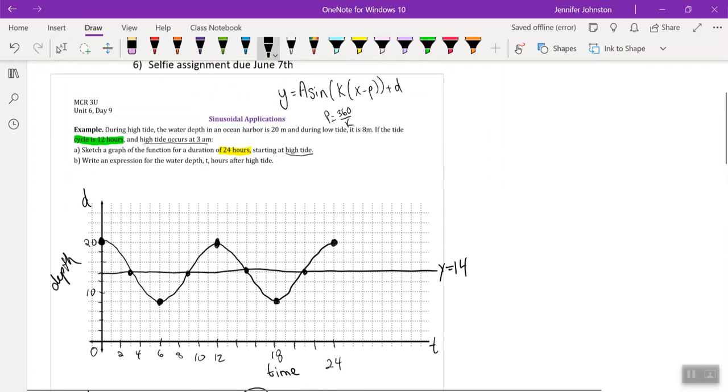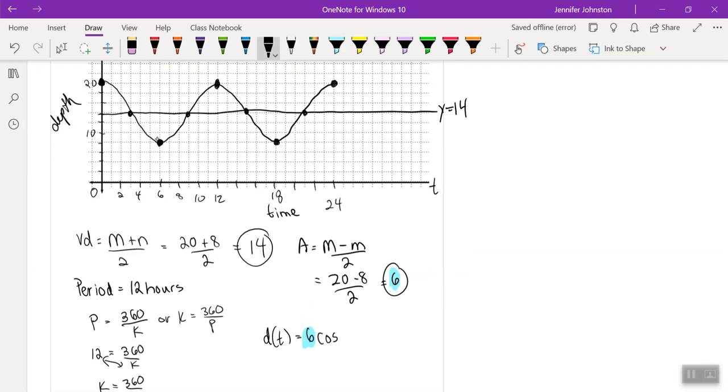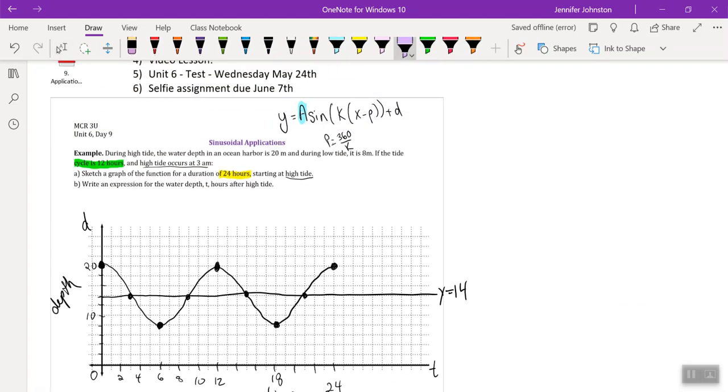So instead of writing sine, we're going to write cos. But we need something in front first. We need that a value. That a value is our amplitude. It's 6. So we've got 6 first, and we're going to say cos. Sometimes it will look like sine. If you want to use sine, you can totally, but you will have a phase shift here. If you use cos, then there's no phase shift. Then we need a k value next.